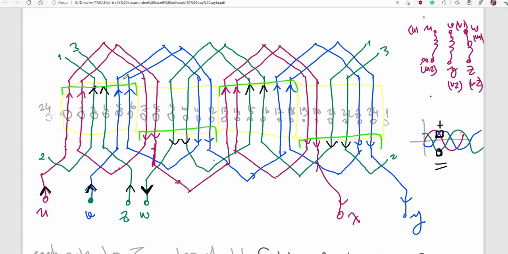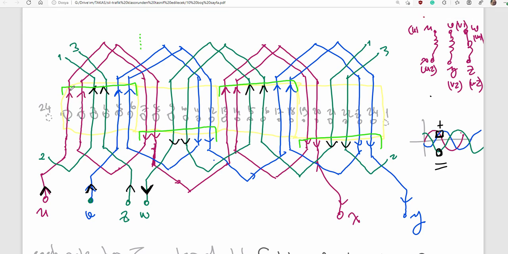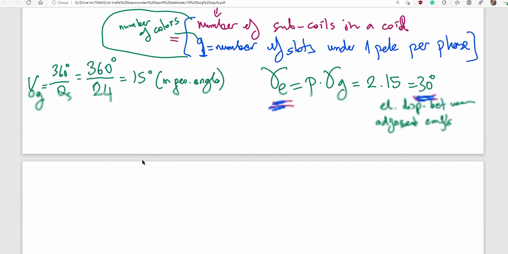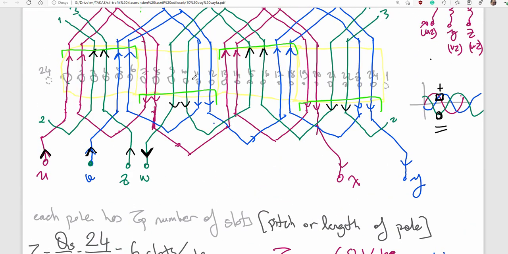Sometimes we say the magnetic axis is between the current changes. I will show. Sometimes we say under these coil sides there is a pole. There must be a pole. Let me show you here. Let's take care of this guy.